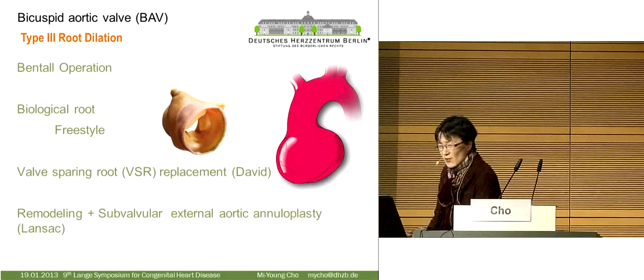If you have just a root dilatation, you can use biological root replacement with a Freestyle graft. It is shown here. It is from a pig, and it's a full root from a pig, and you cut holes into the root and implant the coronary buttons.